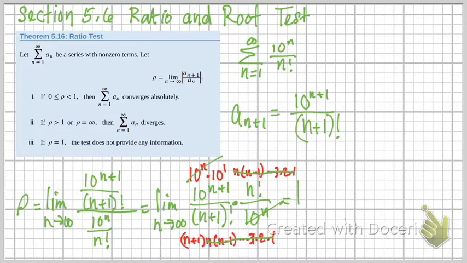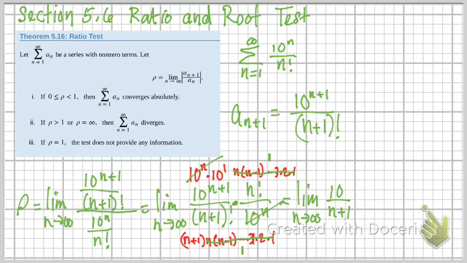This is what makes the ratio test so nice to work with, because it's just simple algebraic cancellation. I'm going to get a 10 on top only, since everything else canceled out, and on the bottom I'm just going to end up with n plus 1. One thing to keep in mind when you cancel: there is actually a 1 in its place, so if everything cancels, it'll just be a 1. But this is what we end up with.